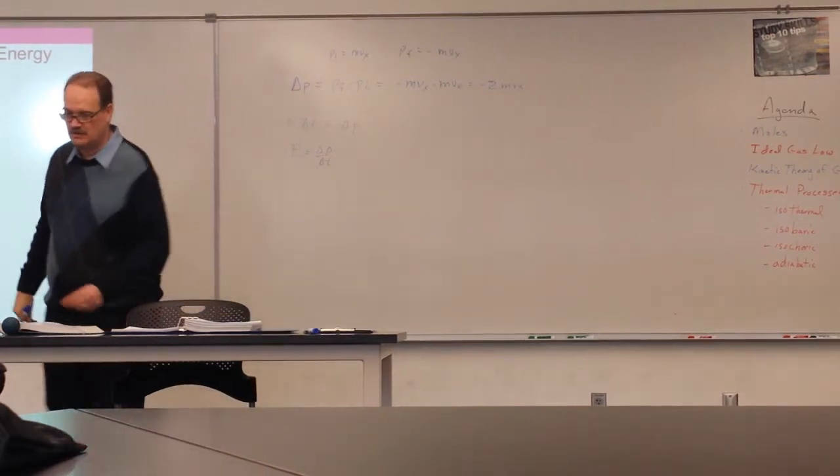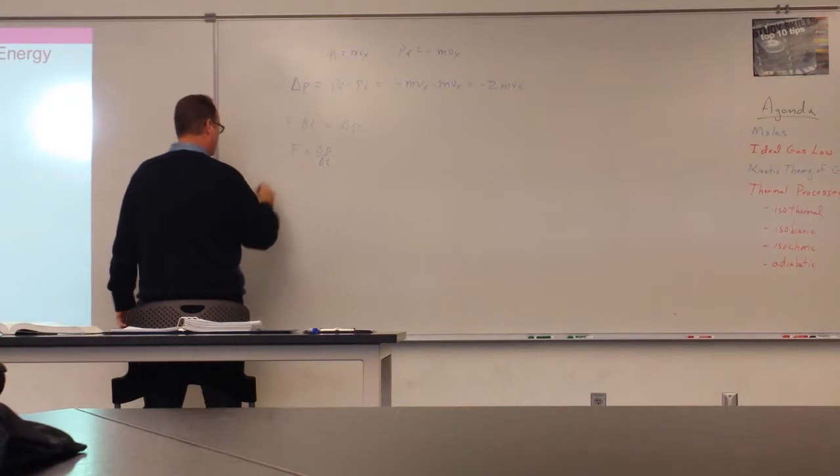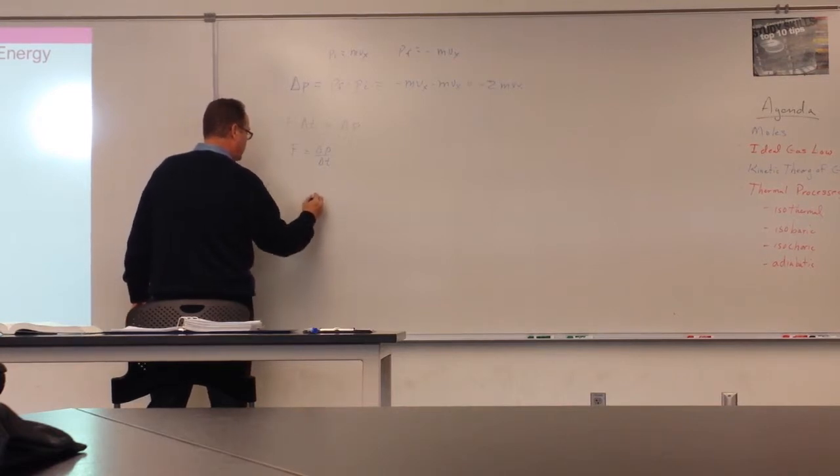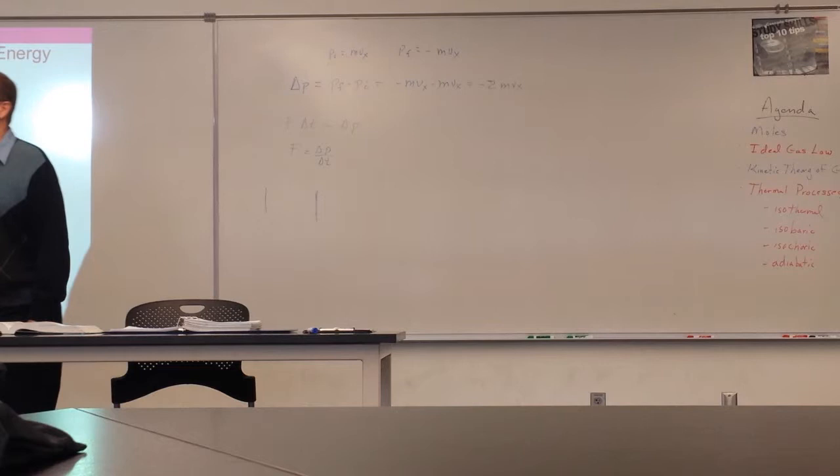So here's my question. When will this ball next hit the wall? Because the ball can change the momentum when it hits the wall. Then it can do it again the next time the atom hits the wall.